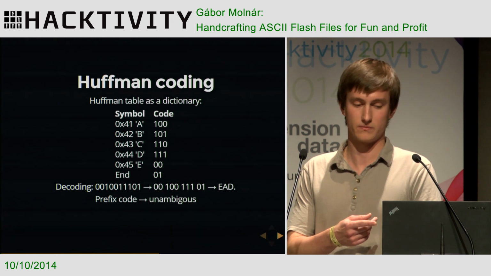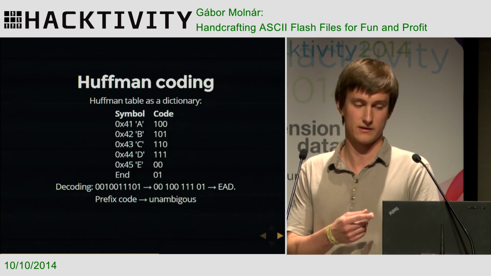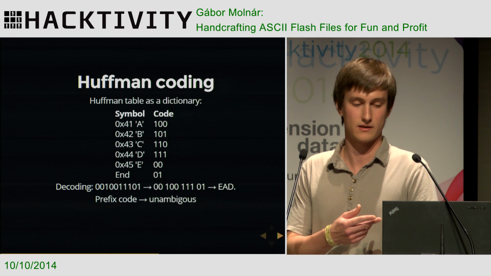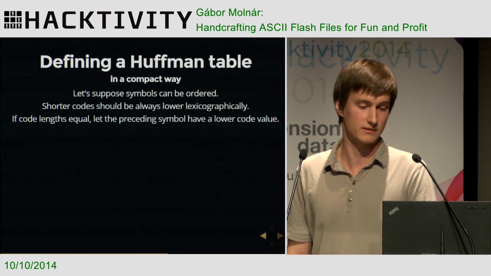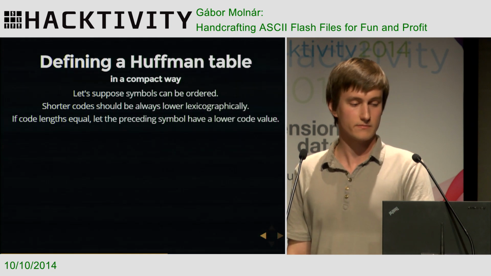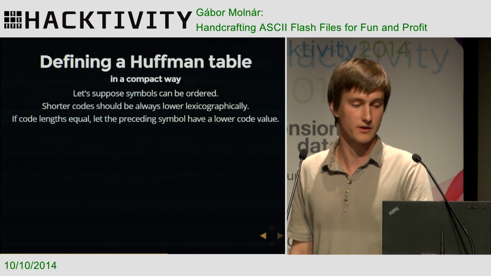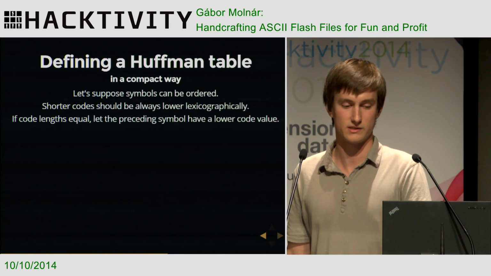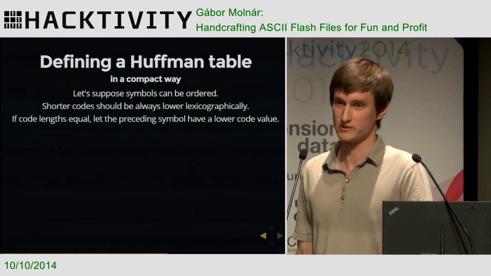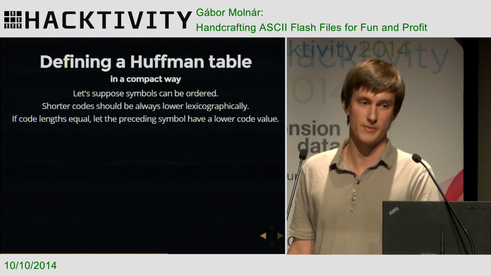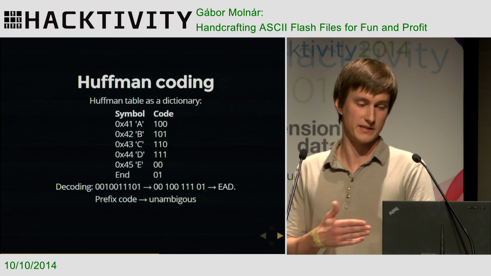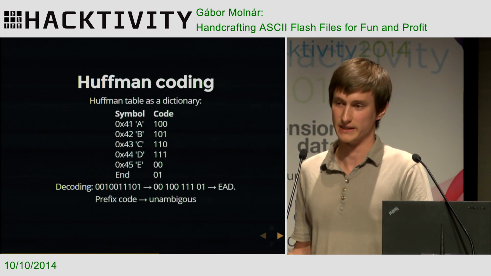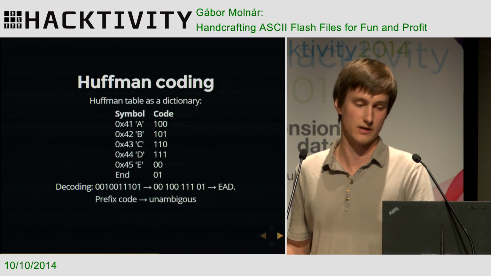In this table, you also see that 2-bit codes always start with a 0, but 3-bit codes always start with a 1. So 2-bit codes are nearer the beginning in a sorted list. Also, if the code length of two symbols is equal, then the symbol that is before the other one should get a code that is before the other character's code.